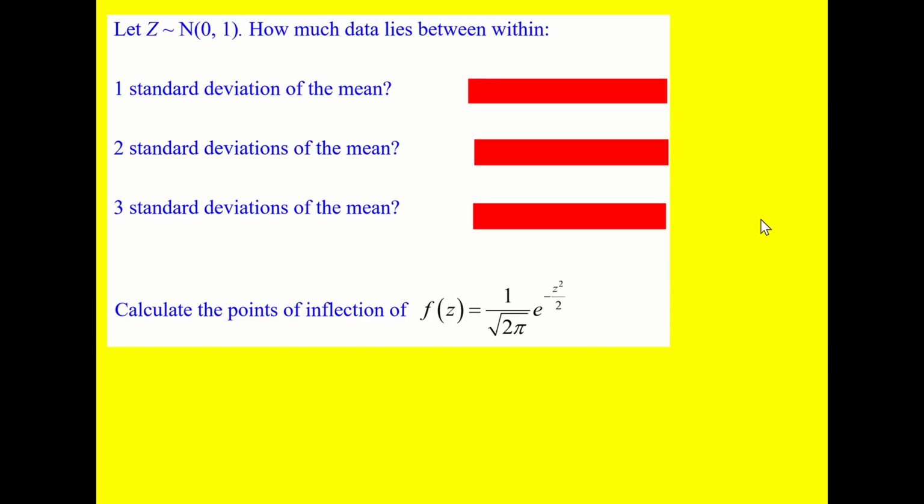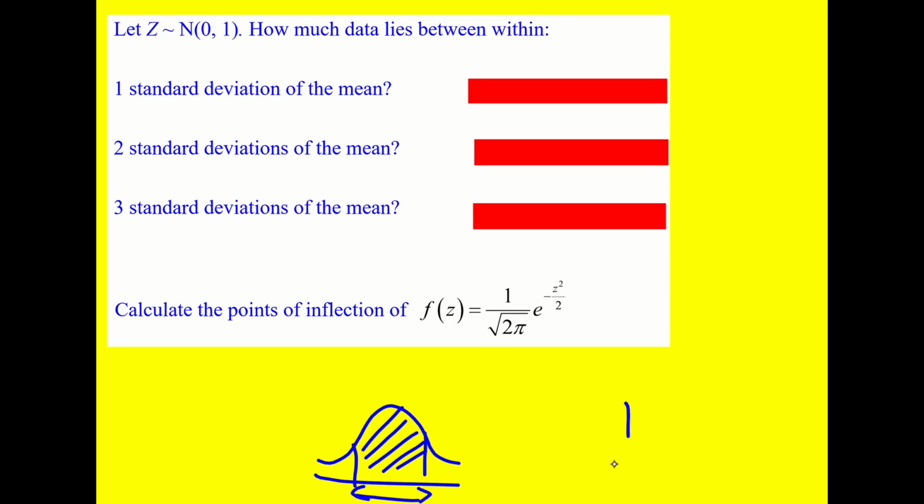Let's just backtrack a second and look at probabilities again. Sometimes we're interested in how much data lies between the first 25% and the 3/4 amount, and that would be the interquartile range that you'd actually be calculating.